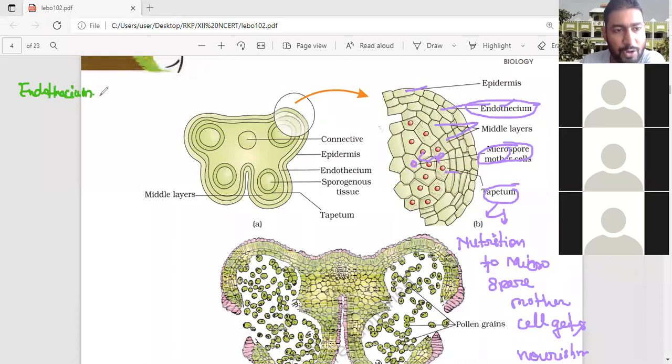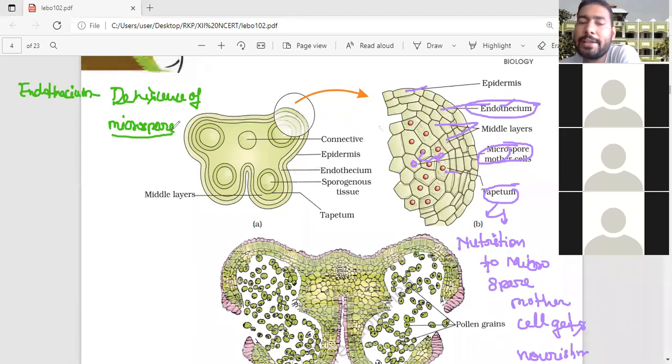Endothecium is involved in the dehiscence of this Microspore-tetrad, meaning release of the microspore, or dehiscence, is performed by the endothecium. Are you getting? The first feature of the tapetum layer is that it is nutritive. Another very important property of the tapetum is called syncytium.